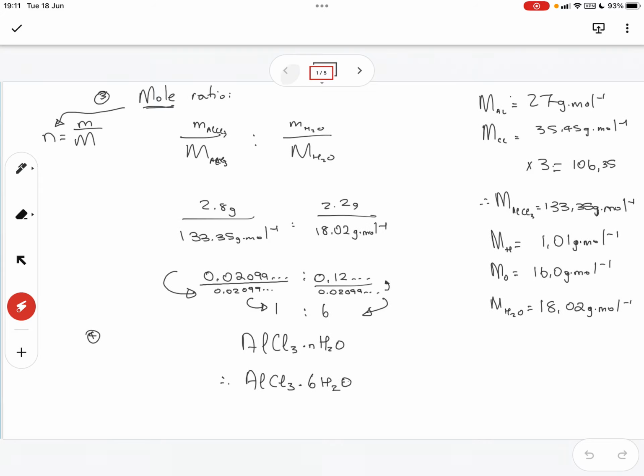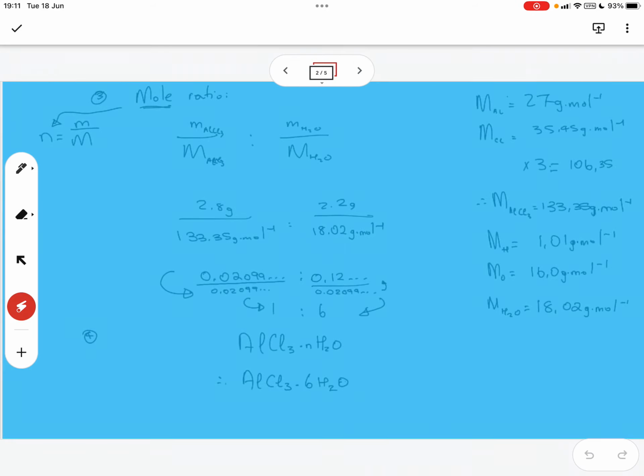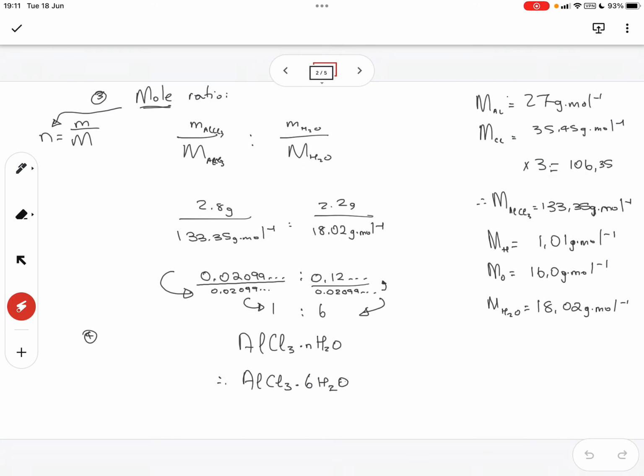But for chlorine, there are 3 chlorine atoms in the substance. So we multiply that by 3 and get 106.35 grams per mole, which we add the 27 to, and then we get 133.35 grams per mole.